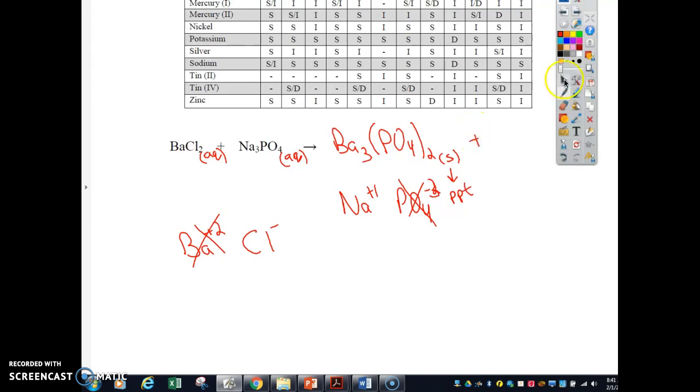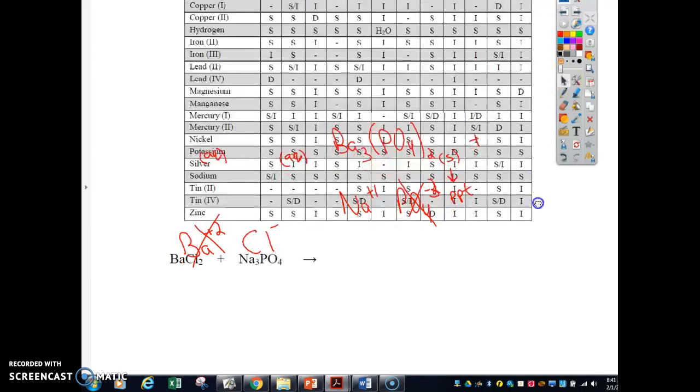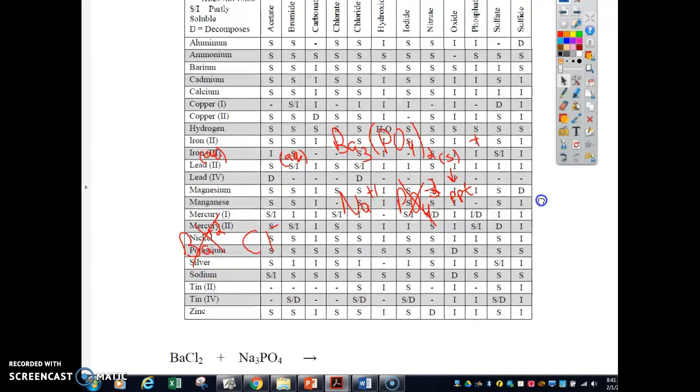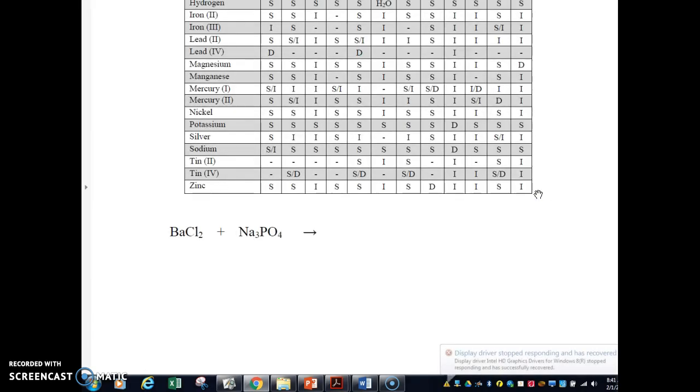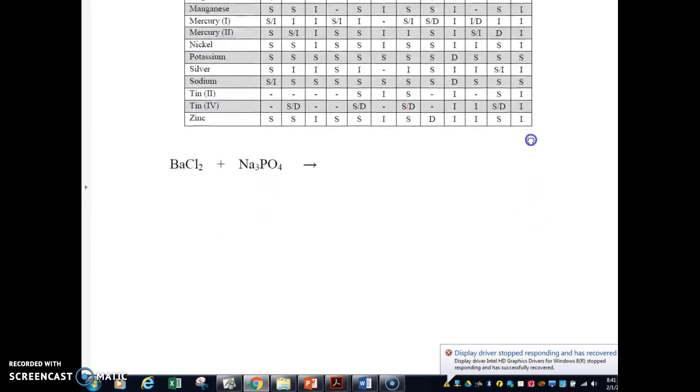Now the other thing we have to check, and this one should be obvious, we have sodium bonded to chlorine, which is just table salt, and if you check the sheet, sodium chloride is going to come up as soluble, which is what you'd expect for table salt. Okay, I lost what I was writing.